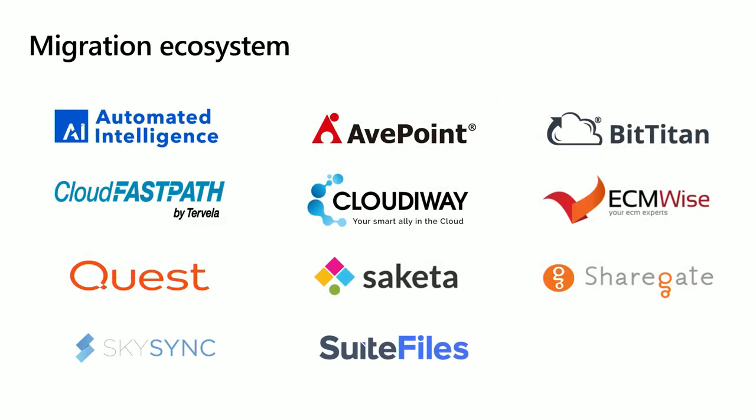And for all other migration needs that goes beyond our first-party tool, we have a great ecosystem of partners that can help you with any additional need to finish your migration project. So between our first-party self-serve tool, Fast Track helping you as part of the Fast Track benefit, and the third-party tool, you have all the options you need to complete your migration project.